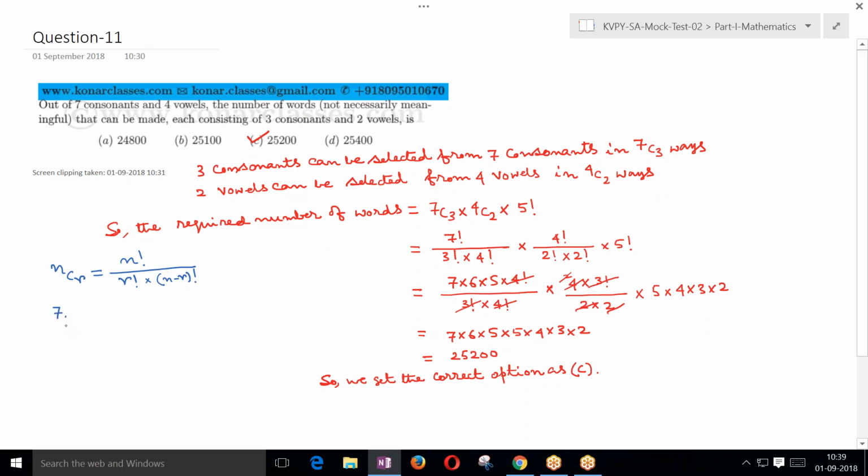So 7C3 becomes 7 factorial divided by 3 factorial into 7 minus 3 factorial. That is equal to 7 factorial divided by 3 factorial into 4 factorial, correct? So far it is fine.